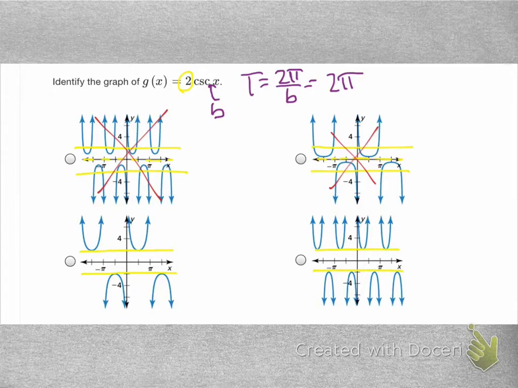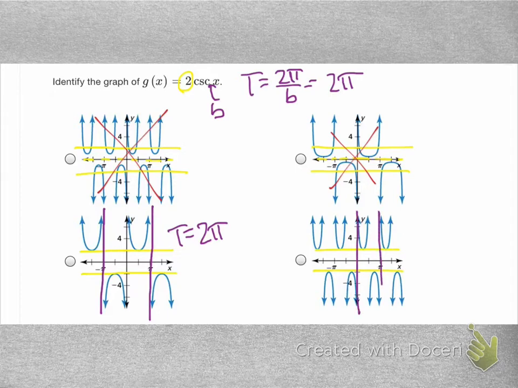Well, let's take a look at the bottom left one. Where does it do a complete cycle? If I go from negative pi to positive pi, that's one complete cycle of the cosecant graph. And from negative pi to pi, that means I have a period of 2 pi right here. That one's going to be my winner. Why does the other graph not work? Well, go look at it. Where is one complete cycle?